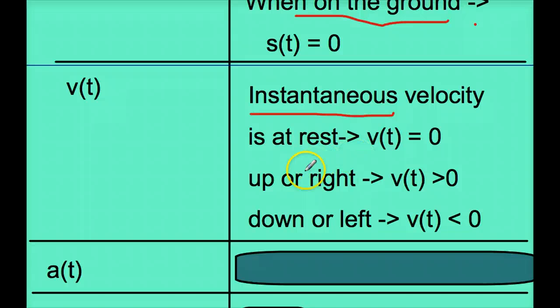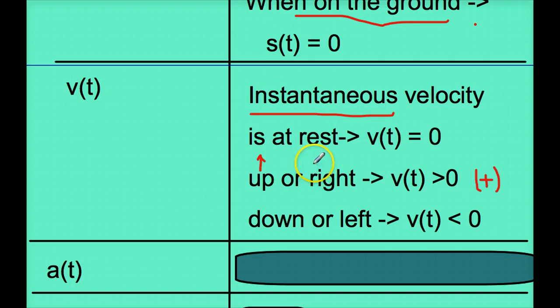However, I could ask you, is something going up and down, or is something going left or right? And anytime you want to figure that out, if my velocity is greater than 0 or positive, right? So in parentheses, I'll draw a positive sign right here. Anytime I'm positive, that means I'm going up. Just like on the y-axis, positive is up.